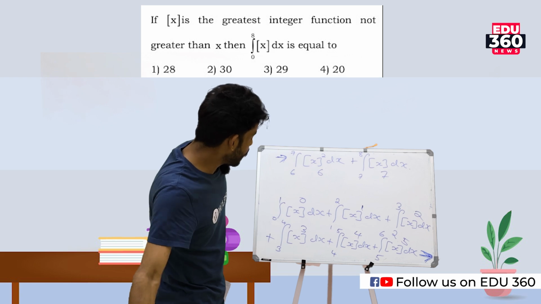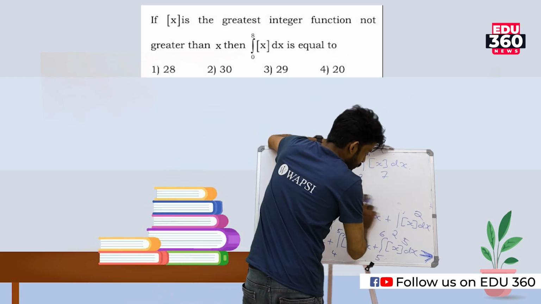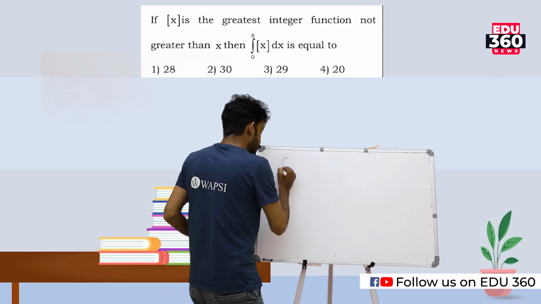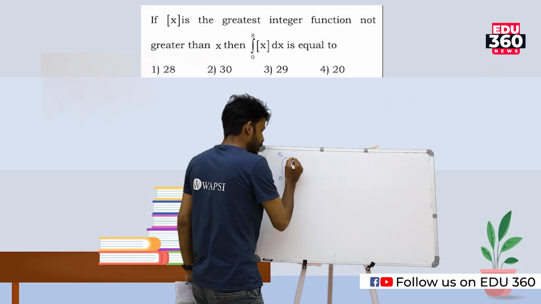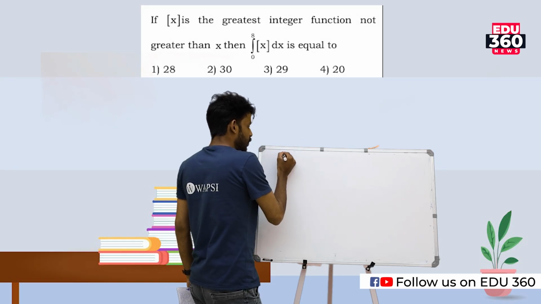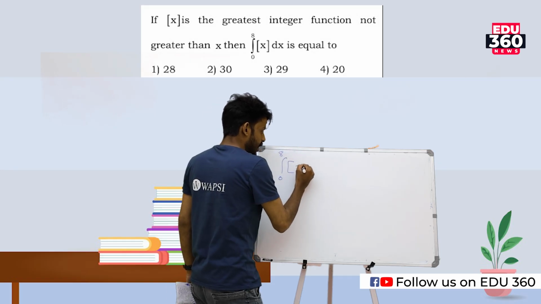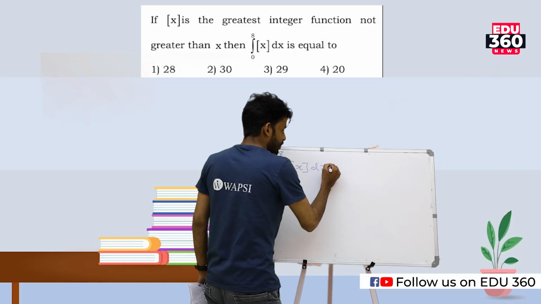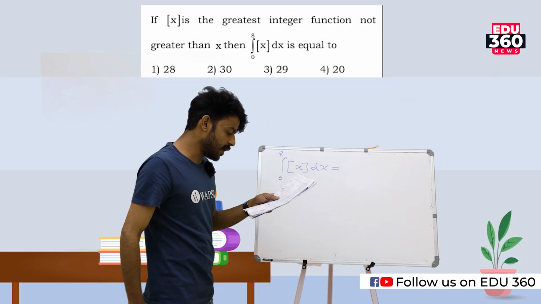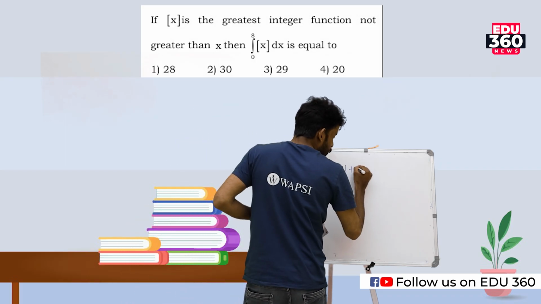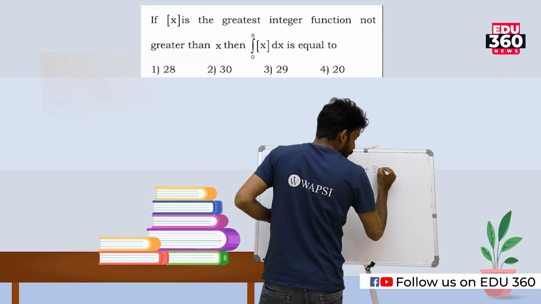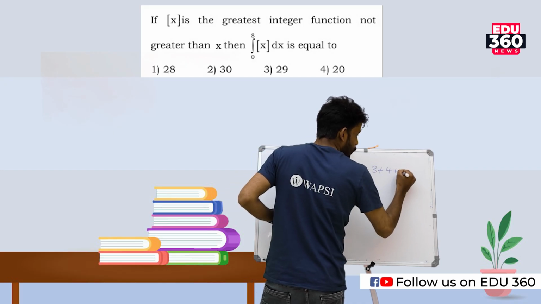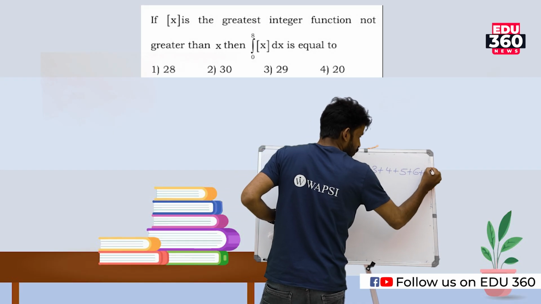In the next step, we can write the integral from 0 to 8 of [x] dx as equal to 1 plus 2 plus 3 plus 4 plus 5 plus 6 plus 7.